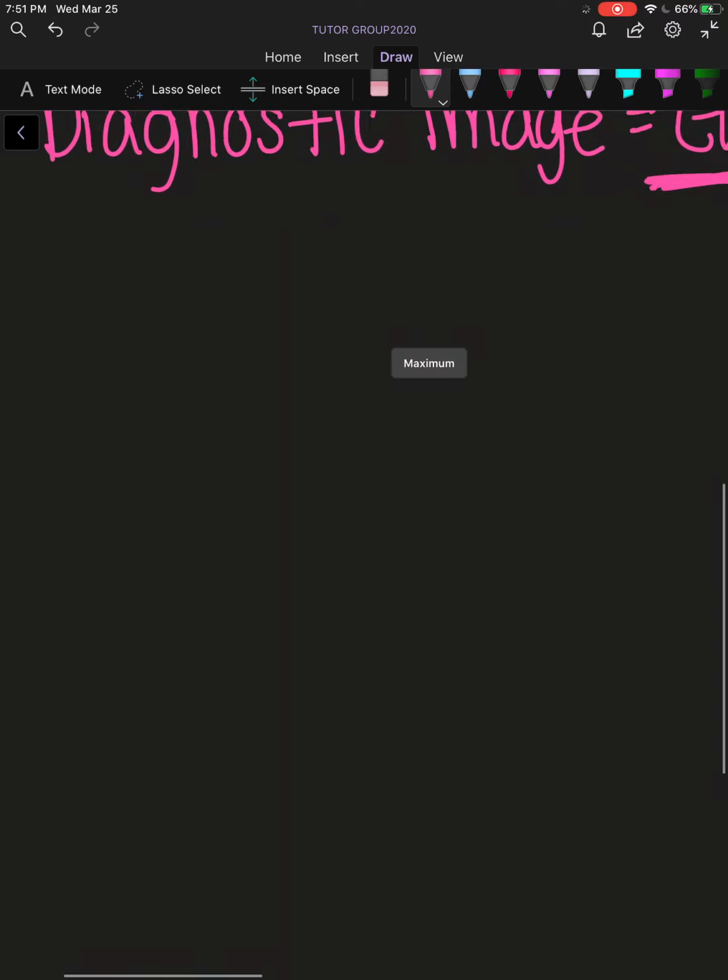Alright, now going down, zoom in a little bit so I can get closer. Our image is automatically going to be a negative image. Now, when you hear negative, you always think bad, but that is not what it is in this case.